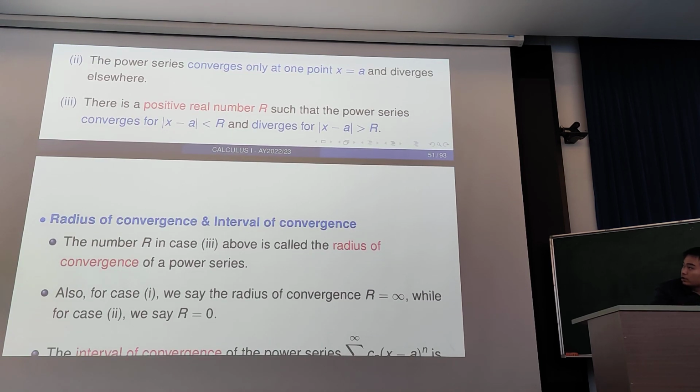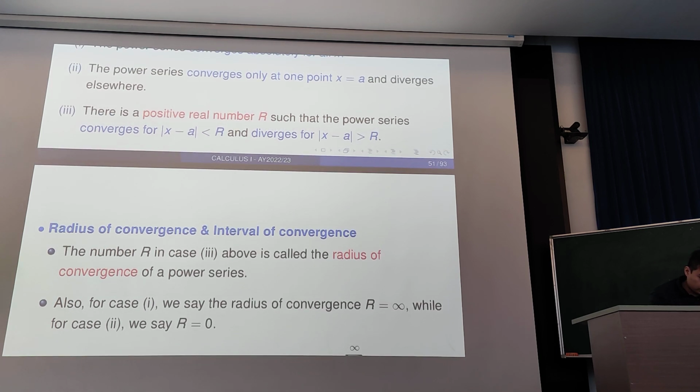Let's take a look at the first case, where we have a number R. Then that number is called the radius of convergence of a power series. So this is also the definition of the radius of convergence.